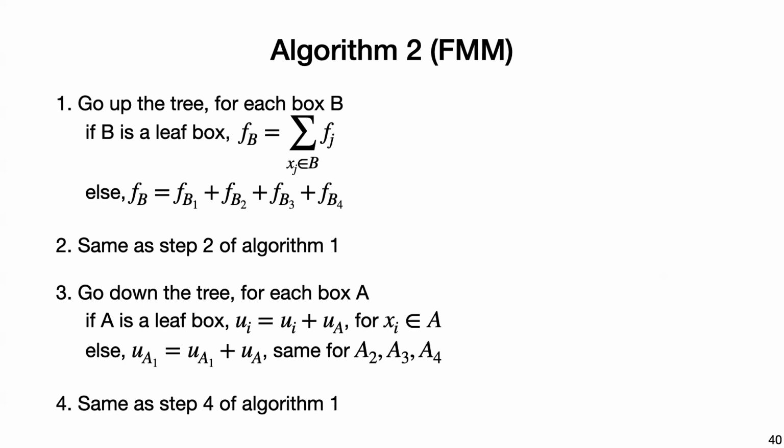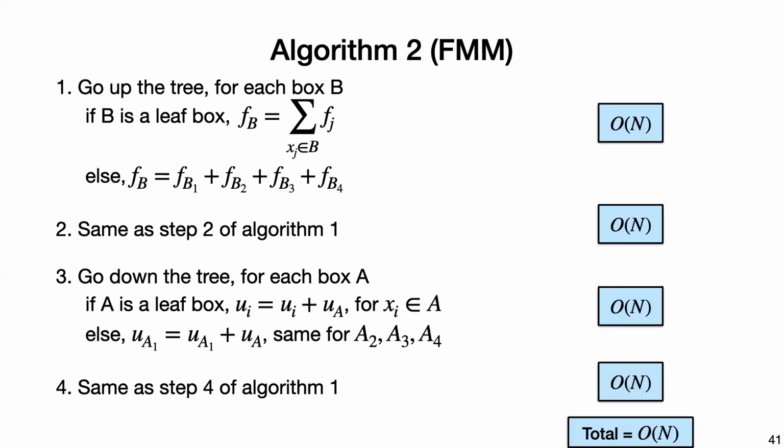This is the faraway approximations, and this thing pushes down the results of the faraway approximations into the individual points. And all we did was change those things to be more efficient. So now, in a big O sense, they're all order n, and the total time is order n.